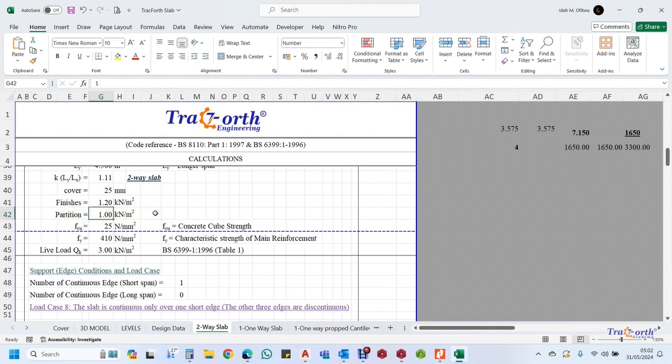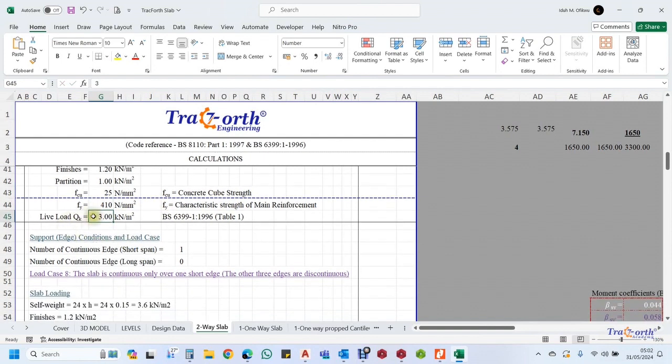Then you can make provision for partition allowance. This is also optional, but I think the code specifies that you make this. Then our concrete value, where we put the minimum strength, and then our tensile strength, say 4.3. Then our live load, which is covered by the relevant provisions of the codes of loading for buildings.